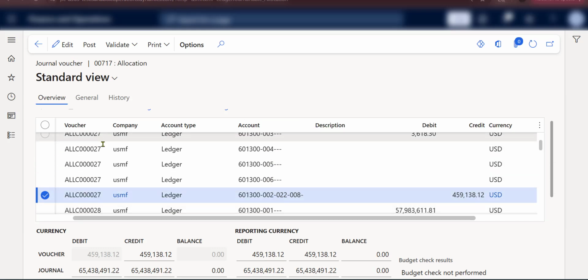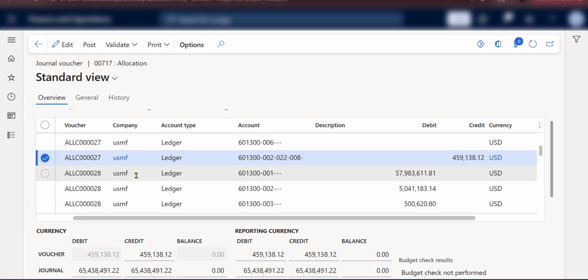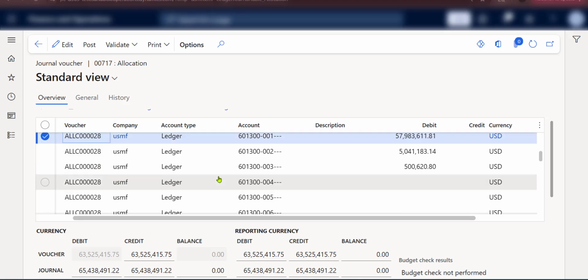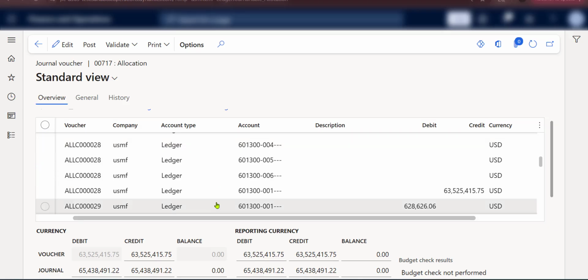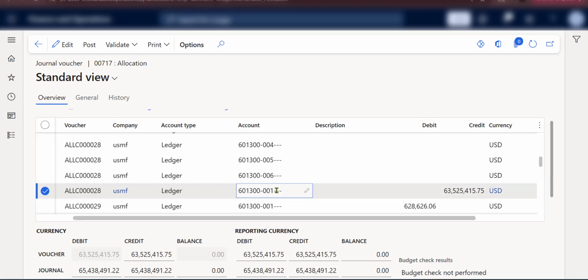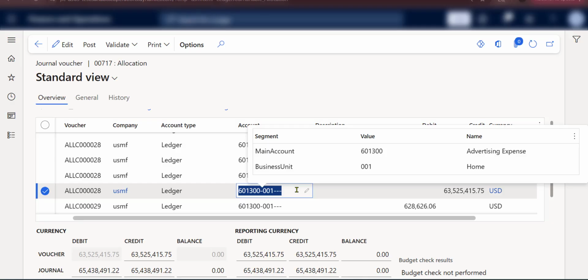So now we finalized the analysis of this voucher. If I move down, we get to the 28th. That's another voucher. It's following exactly the same structure, but the only difference is you see for the total credit here, we are actually having a different combination for the source account advertising 601300 compared to the voucher 27.